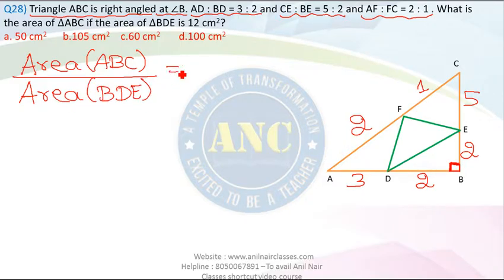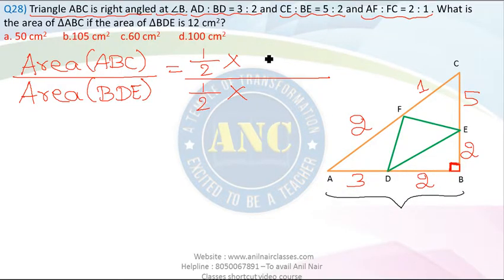The area of the bigger triangle ABC is half into base into height. BDE is also half into base into height. Base of ABC is AB. AB value is 5. Height of ABC is BC. BC is 5 plus 2, it is 7.